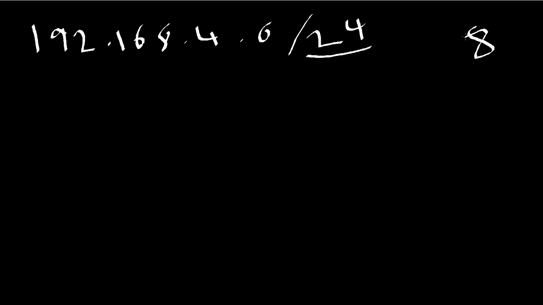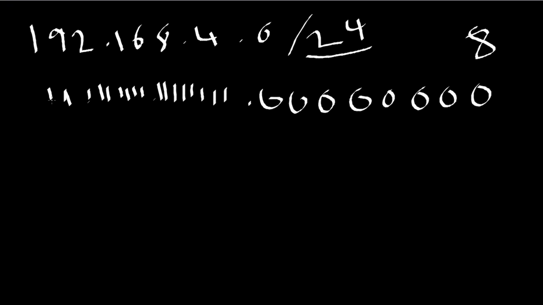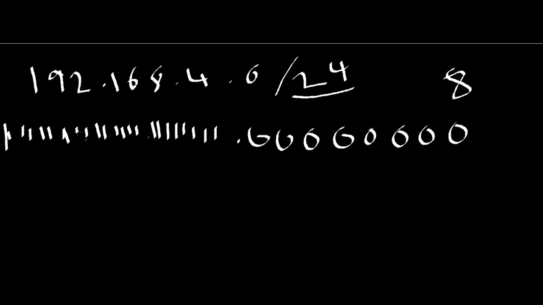And what this 8 simply means is in the last octet, we have 8 zeros. Right? And everything else is a 1. Don't worry about counting them. They may not be accurate, but you get the idea.